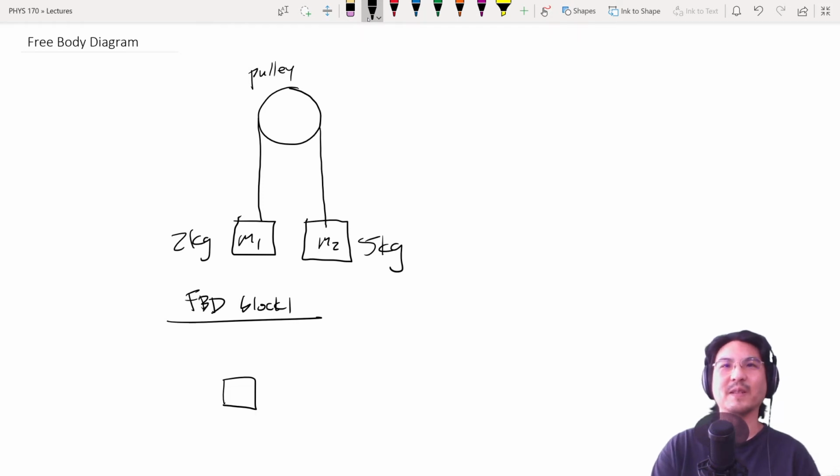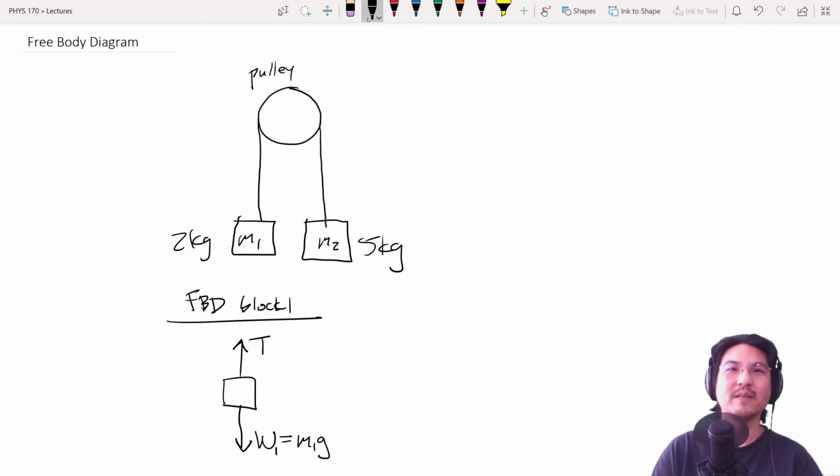So, okay, there's this string over here. So there's some tension. I'll just call it T for tension. And then the block itself has weight. Weight of block 1, which is just mg, right? So that's it. That's the free body diagram.